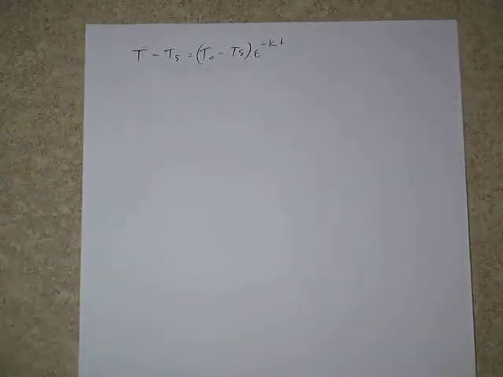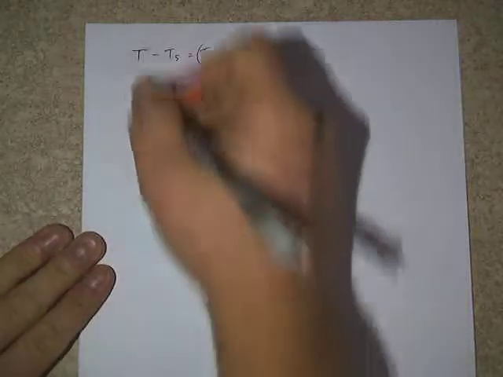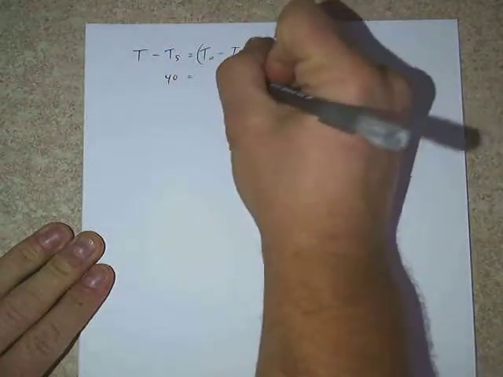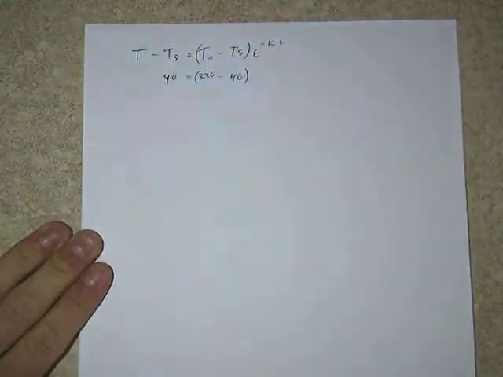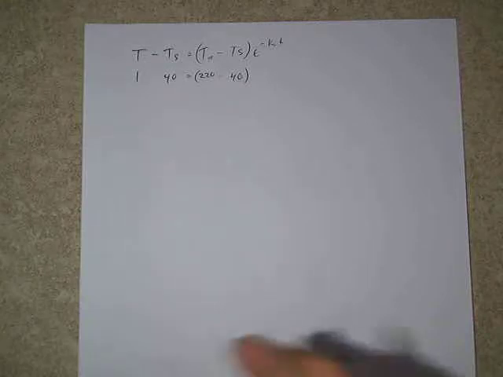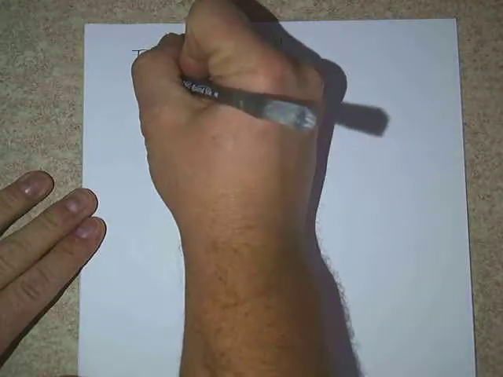46. 46 on our Newton's law of cooling. We got T equals T sub S plus T sub 0 minus T sub S, e to the negative KT. Okay. So the issue we have this time is that we have an apple pie, and a deep dish apple pie, no less, which is important, obviously, to the problem. The internal temperature is 220 when it's removed from the oven, and it's set out on a breezy porch, which is 40 degrees, which ultimately is our T sub S, surrounding temperature.